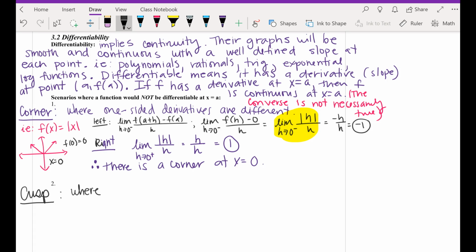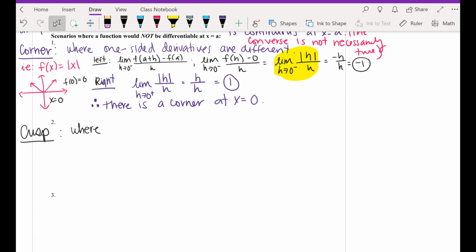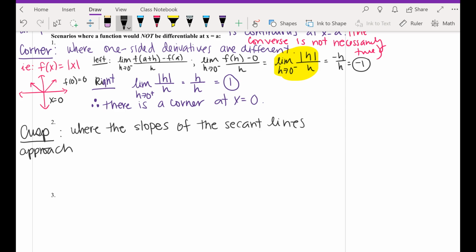Where the slopes of the secant lines approach infinity from one side and negative infinity from the other side.